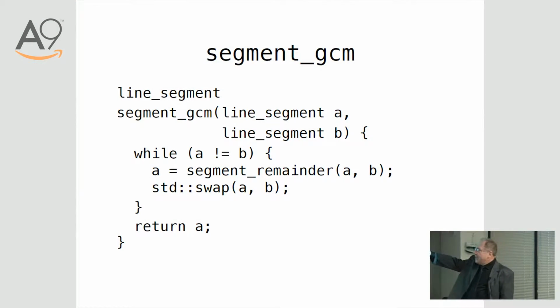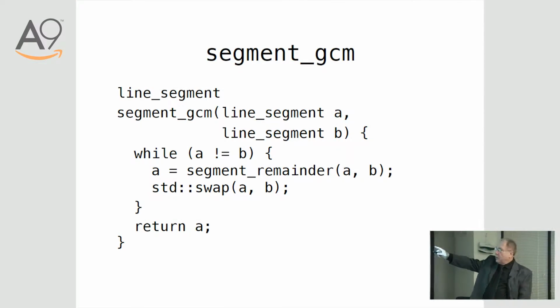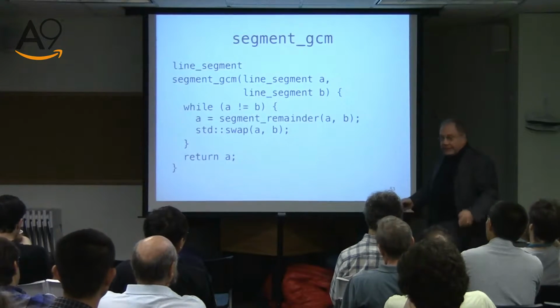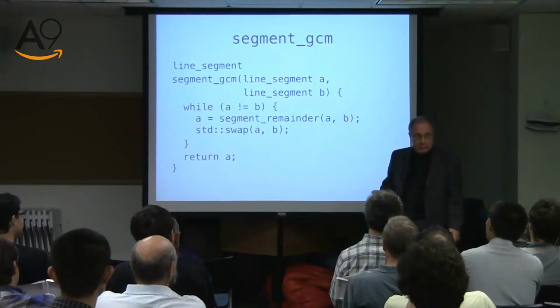So if we have segment remainder, we could factor it out, and our segment GCM becomes very, very simple. We say, while they're not equal, do remainder and swap, do remainder and swap, do remainder and swap, and eventually they'll be equal. Right? If it terminates, that is, if they are measurable with the same measure.